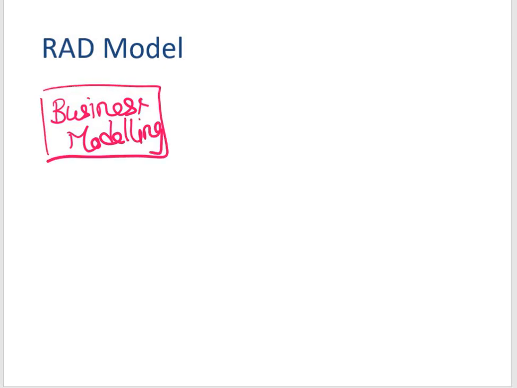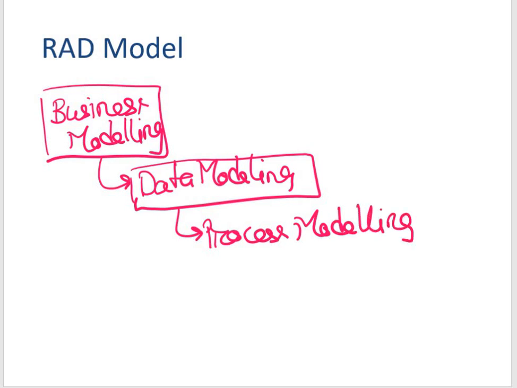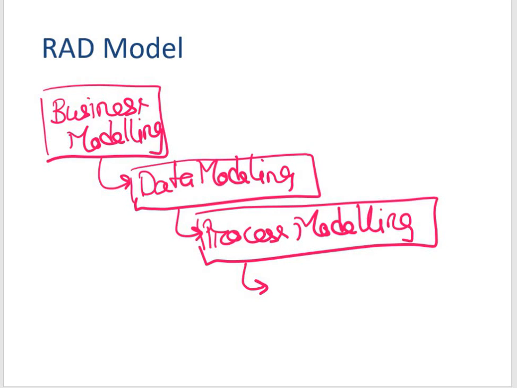And then we have data modeling. And then we have your process modeling. After process, we have application generation. That means we'll come up with the application now.